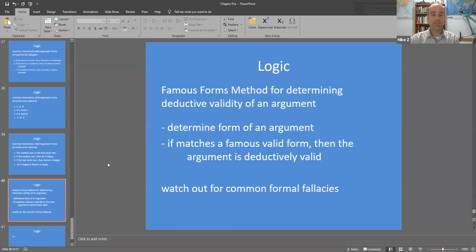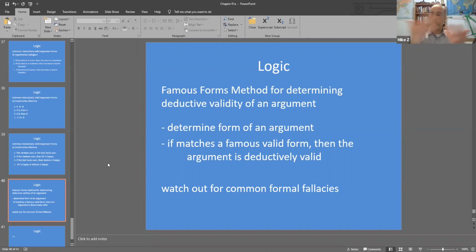Okay, so the reason for presenting these basic, very well-known forms of deductively valid arguments is so that we can use the famous forms method for determining whether an argument is deductively valid. And so, as it says here, all you've got to do is determine the form of an argument.